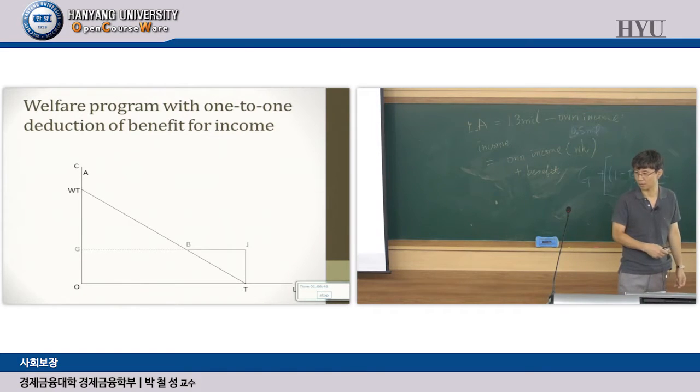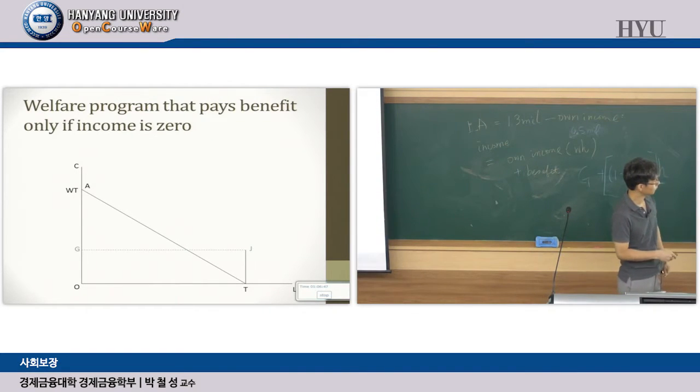And the second special case is where the government pays the benefit only to those without any income. So if you have your own income, the government stops paying. What kind of program is this? For example, a disability program. A disability program is for disabled individuals.